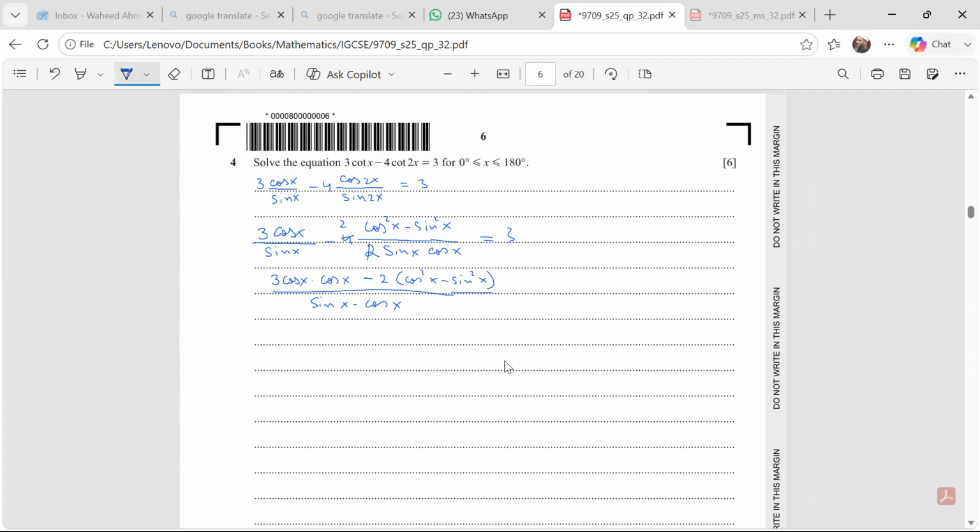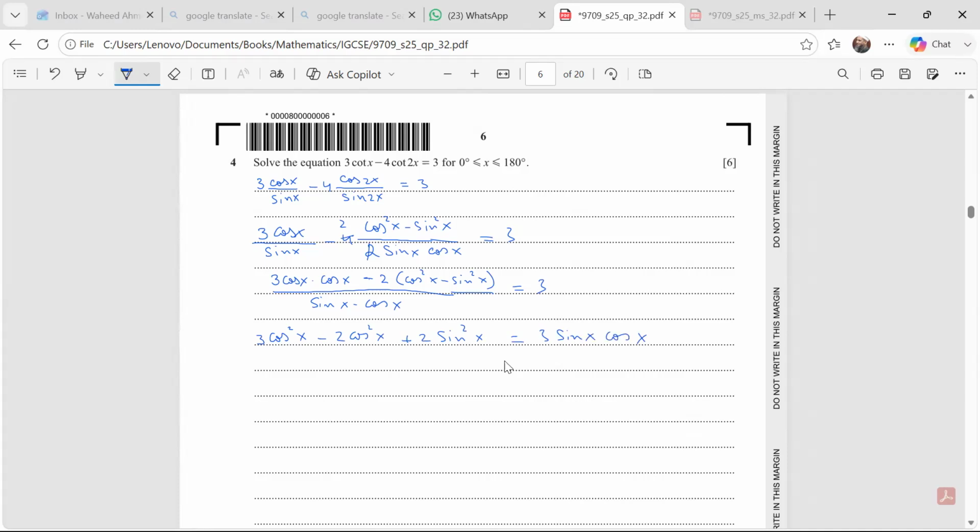And it should have sine x cos x underneath, so this is okay. Equals 3. Okay, just follow every step with me. So this will become 3 cos square x minus, if I open this bracket, 2 cos square x, and minus minus plus 2 sine square x equals 3 sine x cos x.